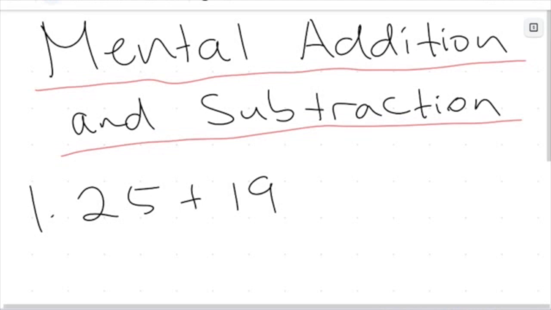So I'm going to go through some slightly bigger and harder questions, and we're going to use mental addition and subtraction. So we're going to be adding and subtracting things in our head. And there are a couple of strategies that I'm going to talk about in this particular video, which are going to help us do this.